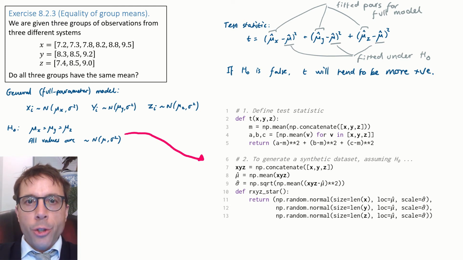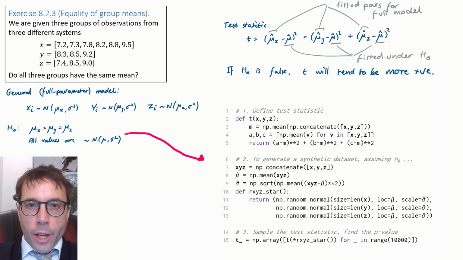Remember, h0 said that all the values in the whole data set are drawn from the same normal of mu sigma squared distribution. So I just find maximum likelihood estimators for mu and sigma, and I generate synthetic data set from them. My synthetic data set here has 3 groups of readings, just the same as the original data set does.